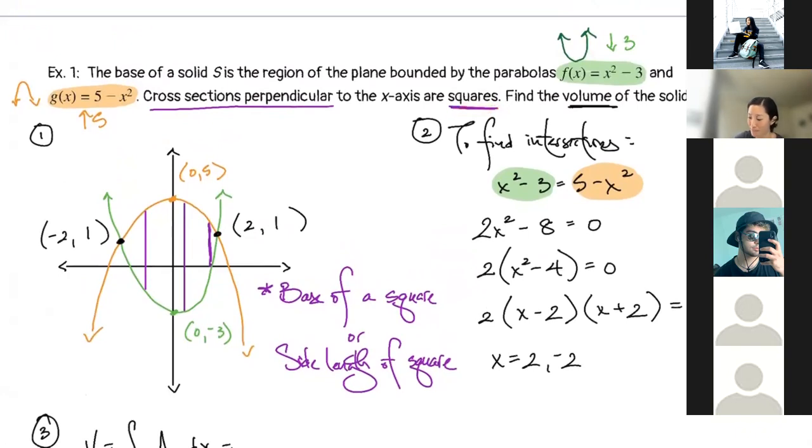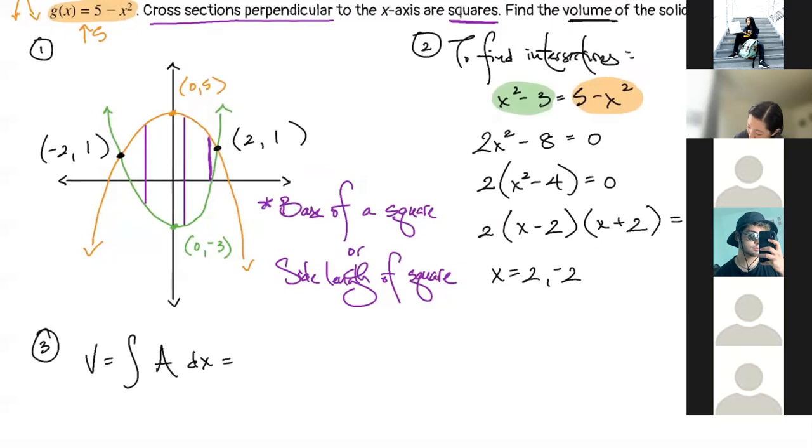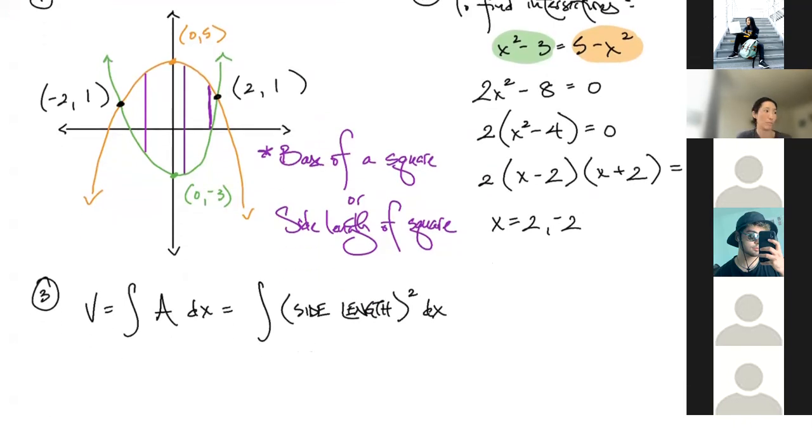So they're all the same side length. All right, so my integral of the area. What is the area formula for a square? Side length squared. Okay, I'm going to even write that in words right now. Side length squared dx. I bet we can fill in our a and our b value as well. What should my a and b value be according to the picture?